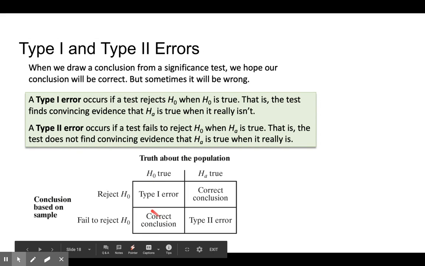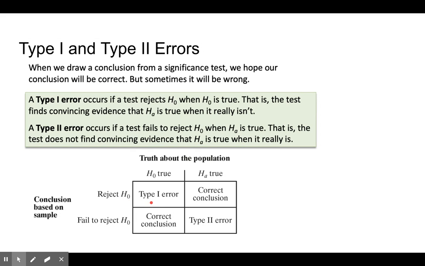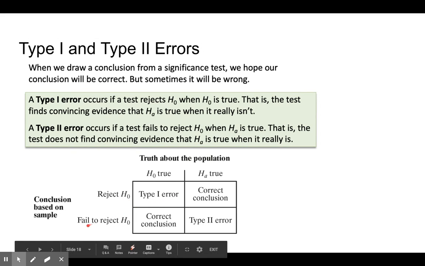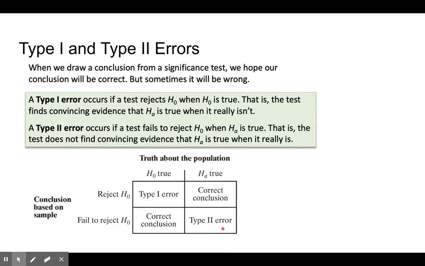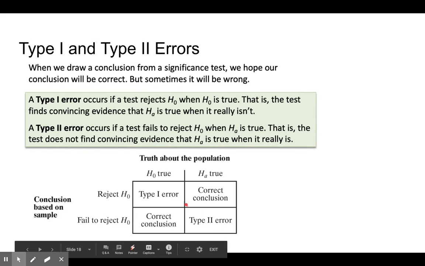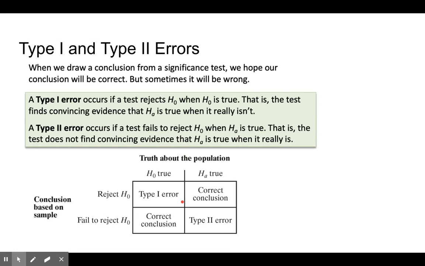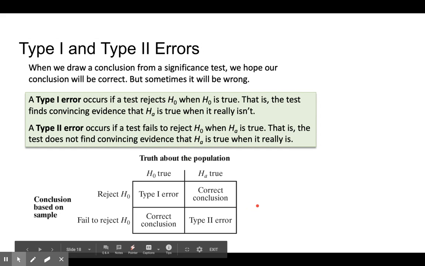Now, a type 1 error occurs if we rejected H naught when in reality H naught is true. Or we've made a type 2 error when we fail to reject H naught when in reality H alternative is true. So these are bad. These can occur, but if you practice quality statistics, they are unlikely to happen, and you're likely to make the correct conclusion the majority of the time.